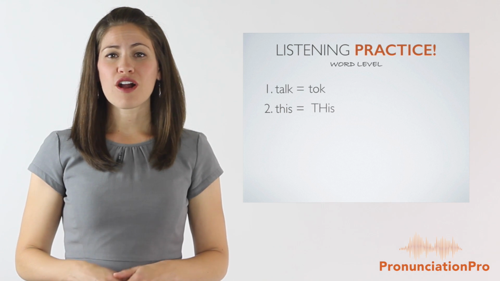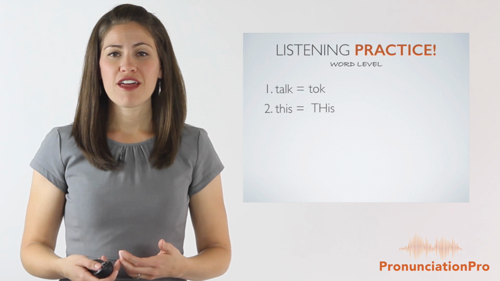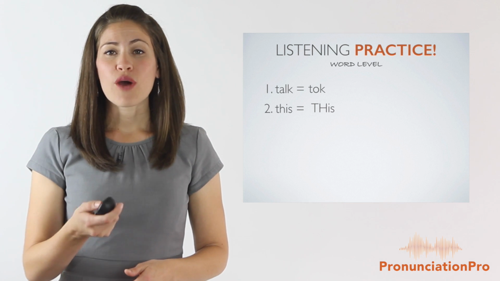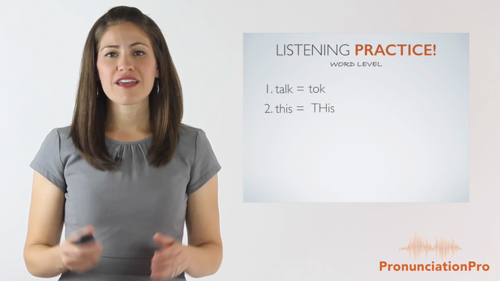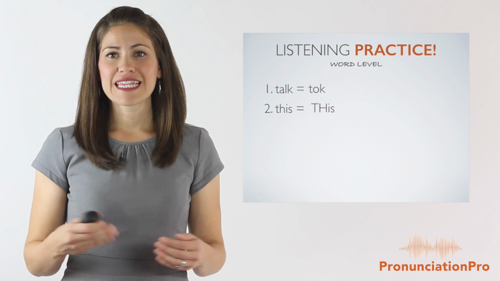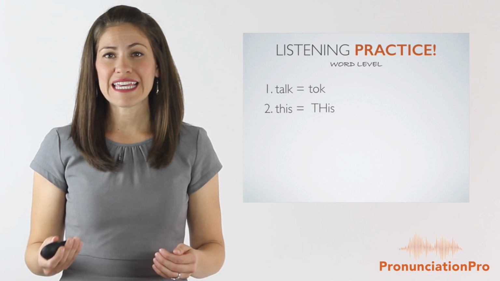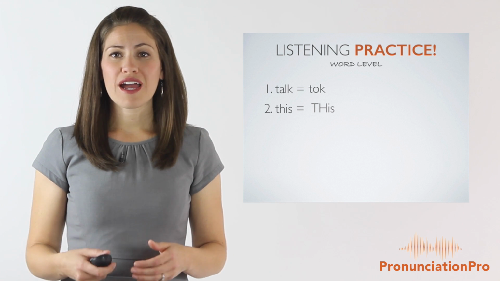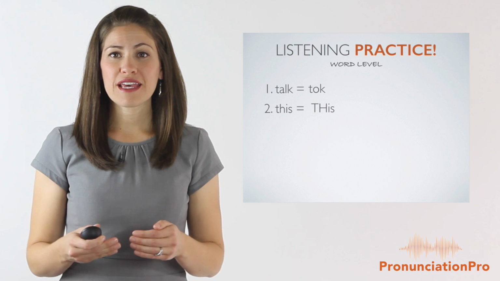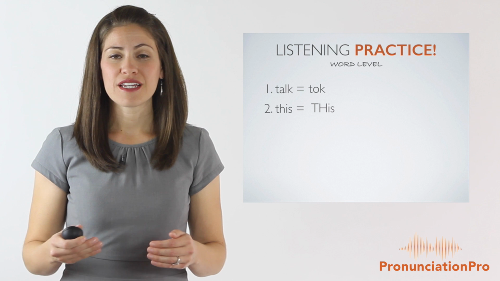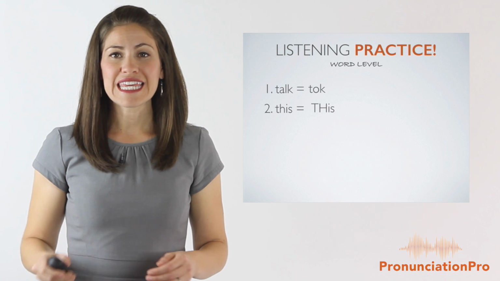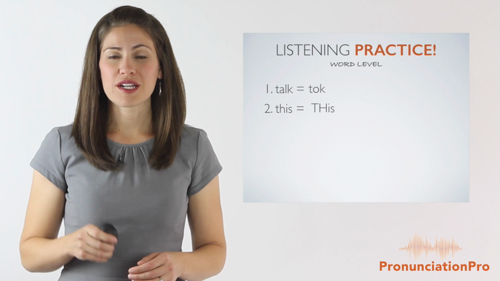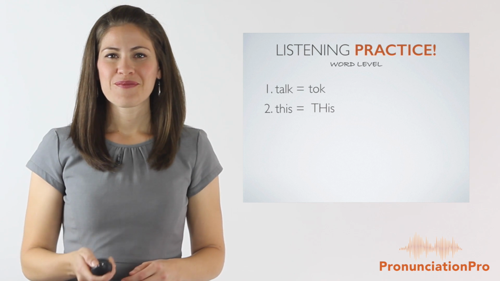So the sounds here are that voiced TH, th, I, s, that short I. Now I included this one because many of my students, they'll say these with the long E instead of the short I, this. So we have to make sure that we're getting that short I and not the long E. So this, these, this, these. We want it to be this.